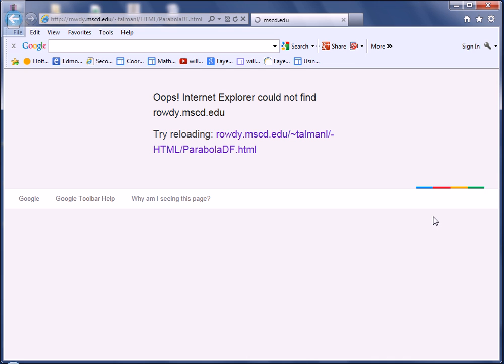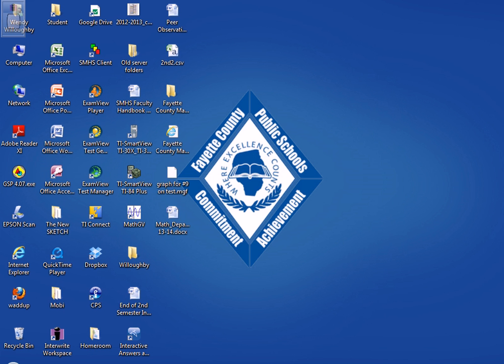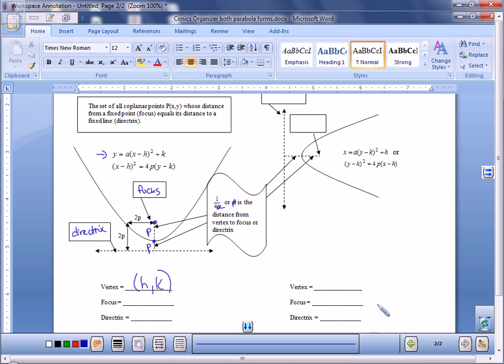Well, if my internet is not going to work for me this morning, I won't be able to show it to you today. I'll have to pull this up to show you tomorrow. Look at this tomorrow so that you can see exactly how it's formed, and maybe that'll help us when we also look at the parabolas that open a different direction.